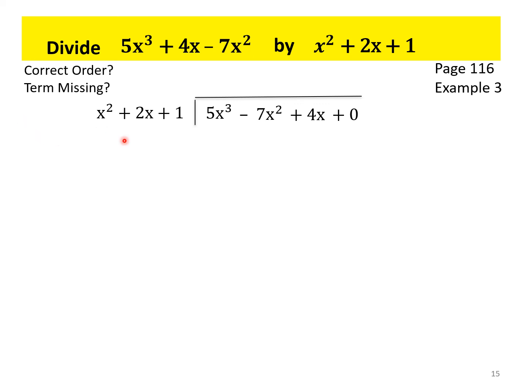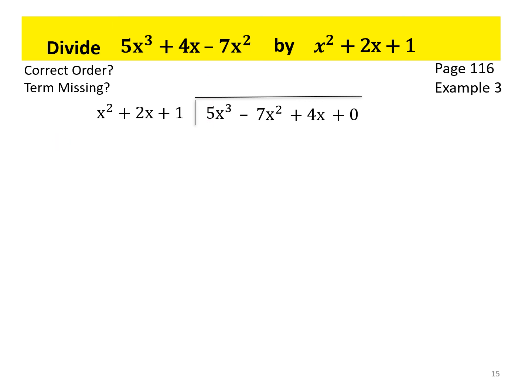Our first step is to look at the first term, 5x cubed. We're dividing x squared into 5x cubed. Your question is, what do I have to multiply this x squared by in order to get 5x cubed? Well, let's look at the coefficient first. You've got a 1 here, and you need a 5, so what you need here is just a 5.